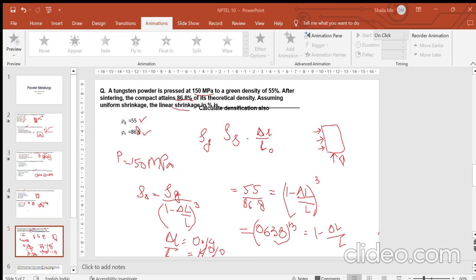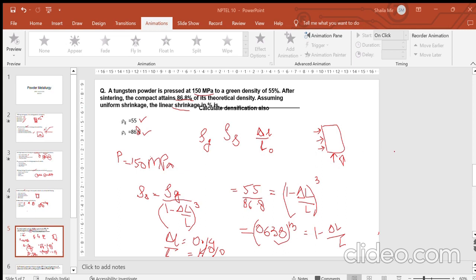So the sinter density will be 0.865, minus the density of your green compact, that is 0.55, divided by the theoretical density, that is 1, minus your green density, that is 0.55.